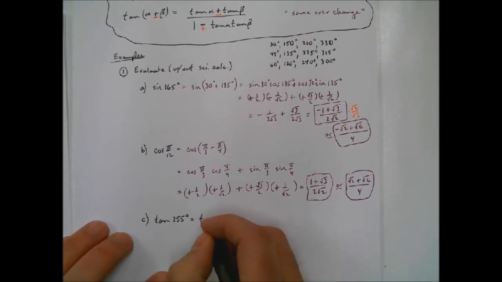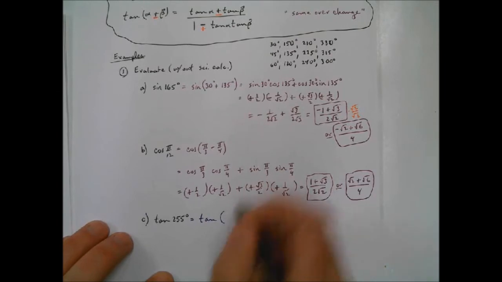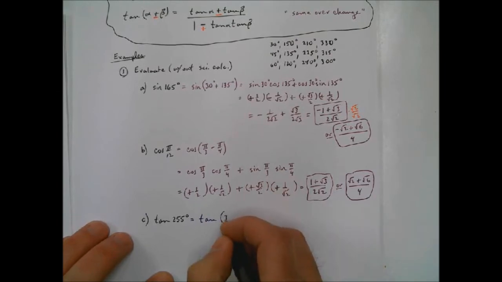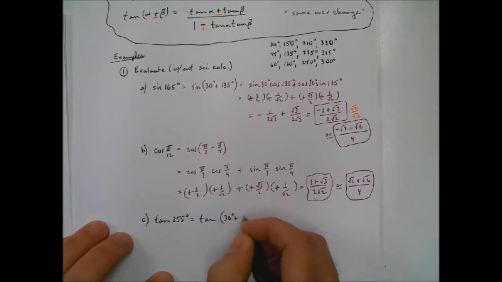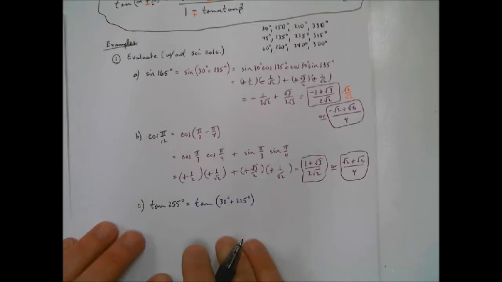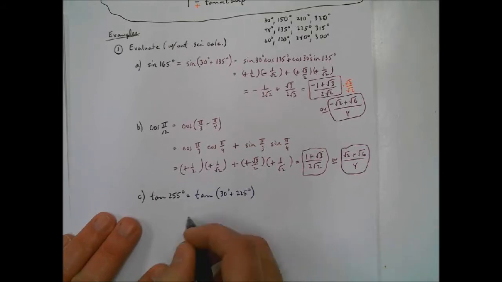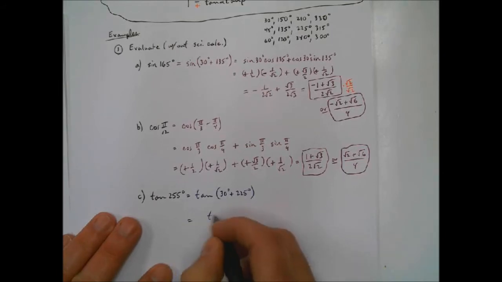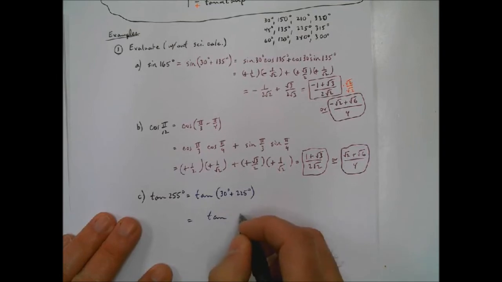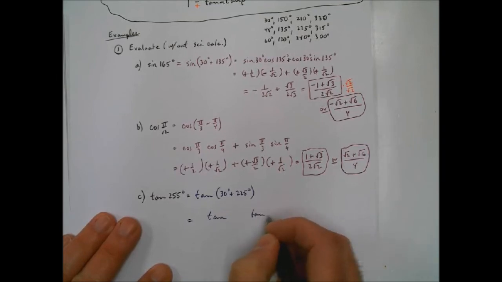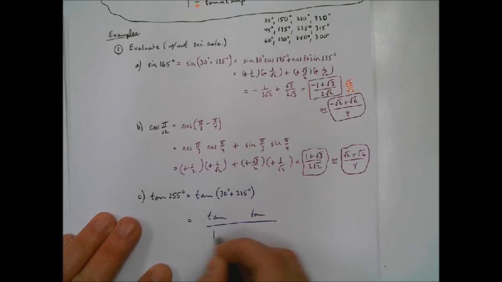So it's tangent of 30 degrees plus 225 degrees. And so tangent of angle addition. Okay, so tangent, 1, tangent.